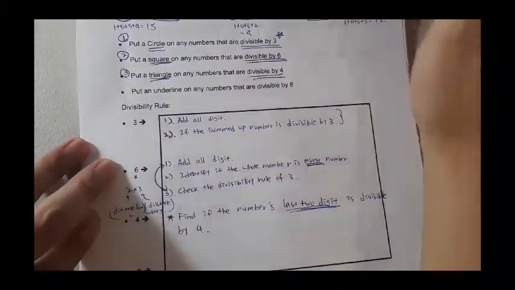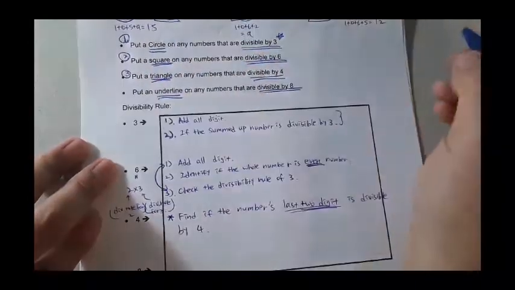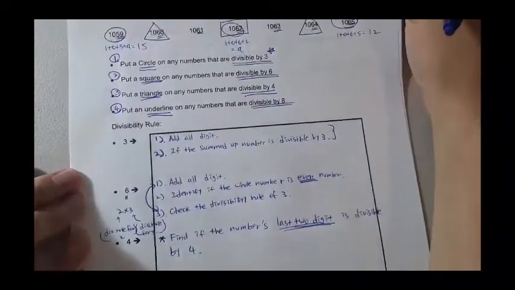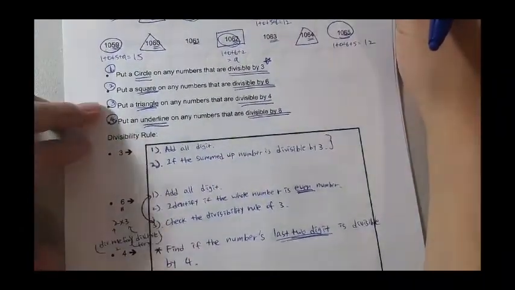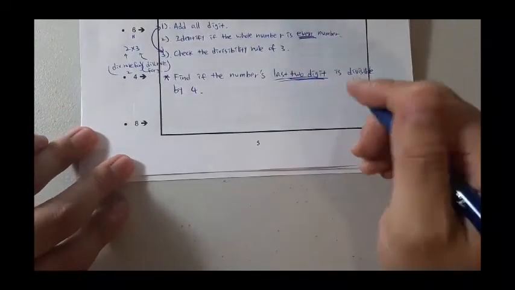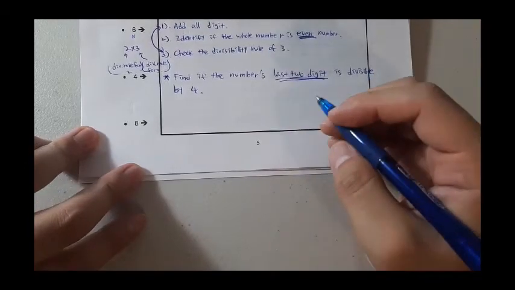Last activity, divisibility rule of 8. And this one we're going to underline. Before we get into the calculator part, like the number 3, I'm going to give you the rule first. I want you to use the rule and then discover whether the numbers are matching or not.